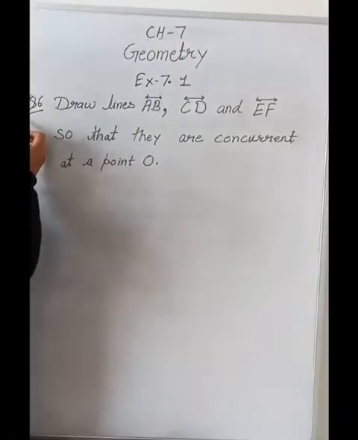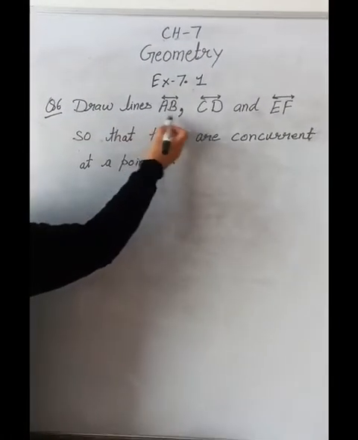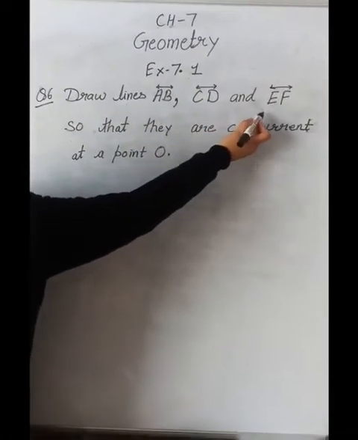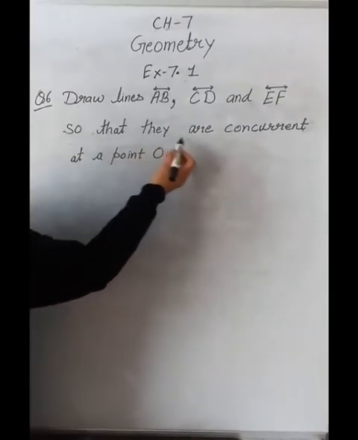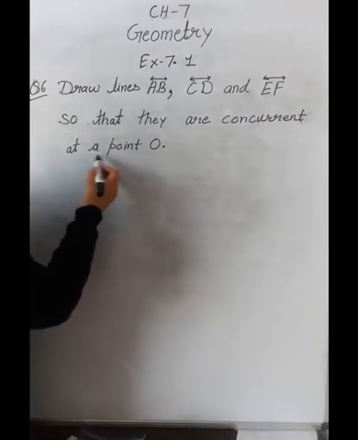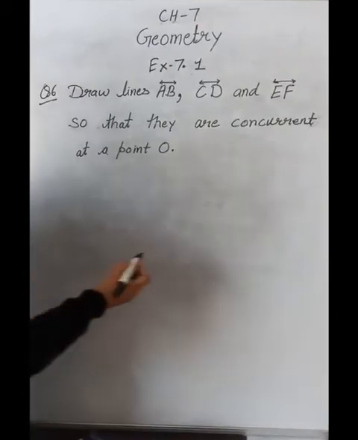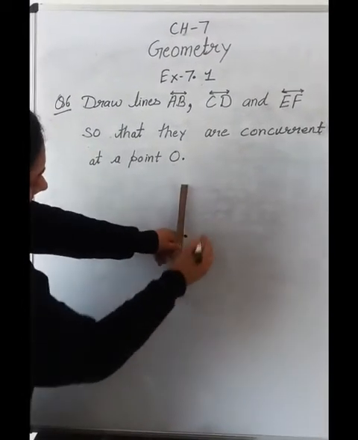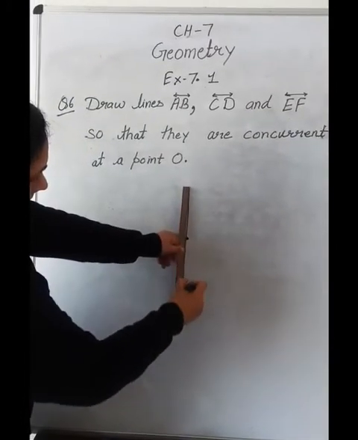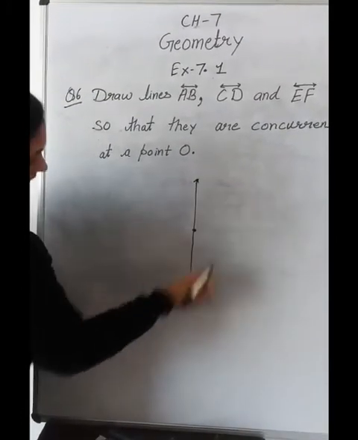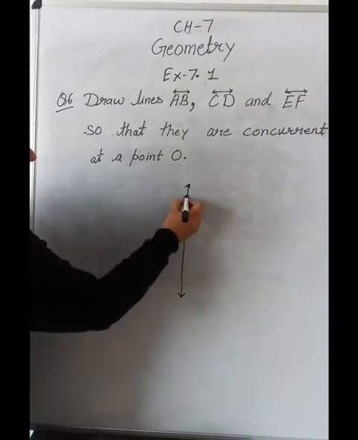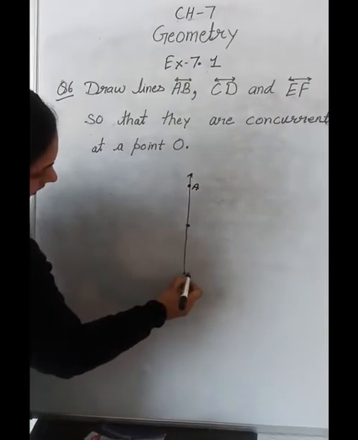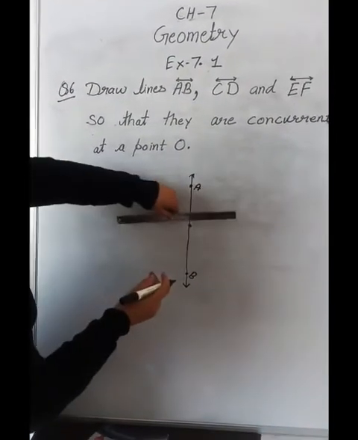Now question number 6 is: draw lines AB, CD and EF so that they are concurrent at a point O. So we will take point O and we will draw line AB. This is a line, we will put arrows and we will write line AB. Now line CD.